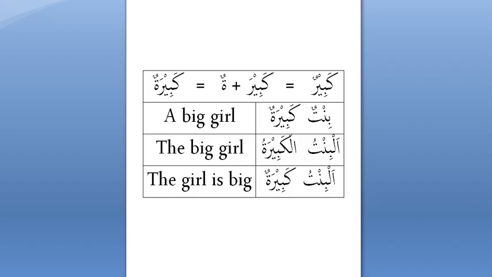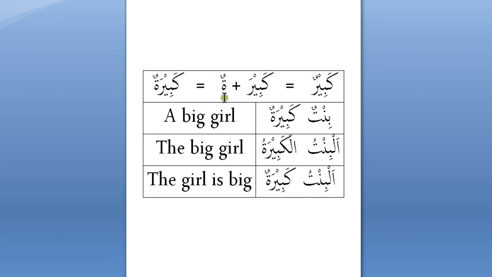For instance, in this chart we can see that here the word is kabirun. It is masculine here. To make it feminine, we have to add ta marbuta with it.